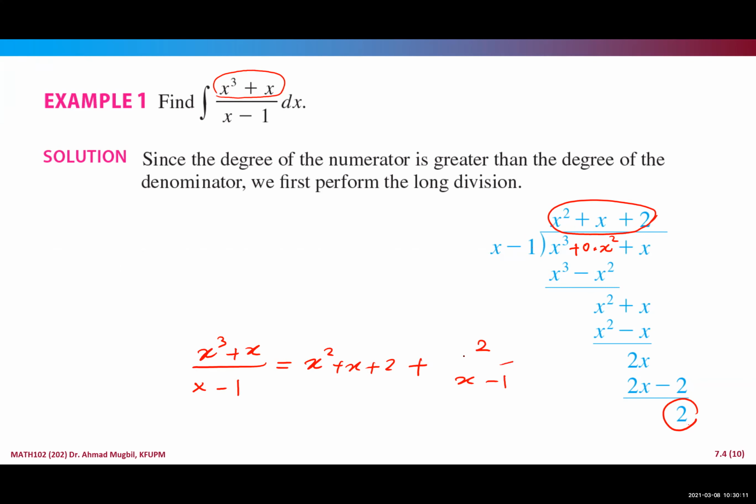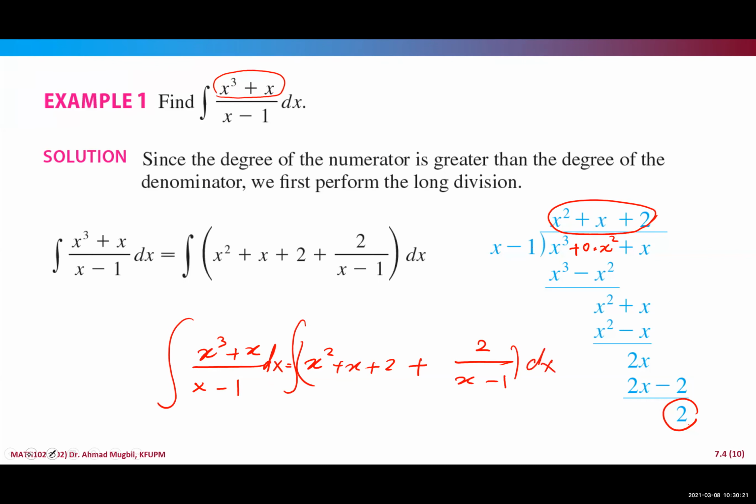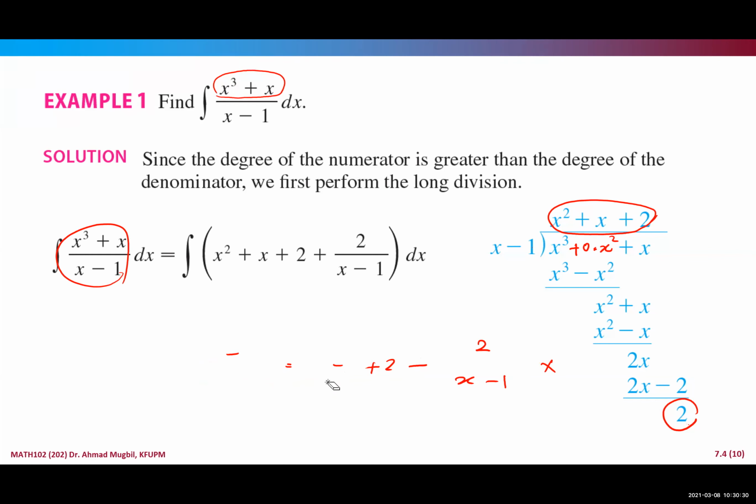Okay, now if you want to find the integral, you will say that the integral of this equals the integral of this, like this. Here we are. Now to find this integral, you just need to evaluate this integral, and of course it is so easy to evaluate this integral after dividing the numerator by the denominator.